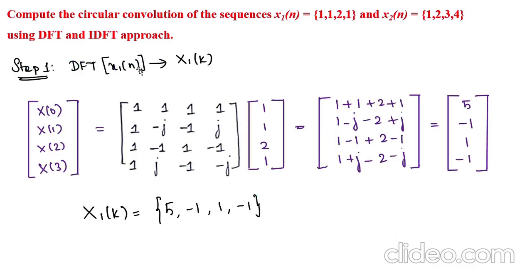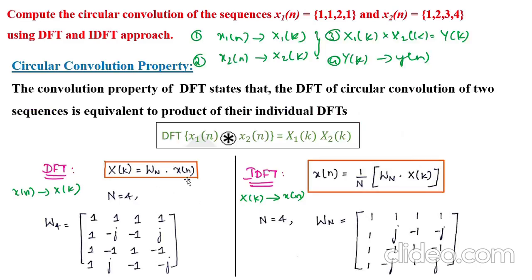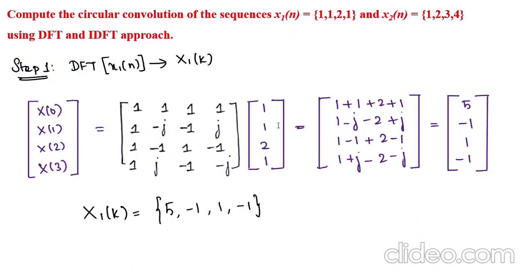Step 1. First we are going to convert this x1 of n to x1 of k using the DFT matrix method. The formula is the twiddle factor matrix multiplied by x of n in a column. Here x1 of n is 1, 1, 2, 1, and I have entered those values here. Now normal matrix multiplication. 1 into 1, 1 into 1, plus 1 into 2, plus 1 into 1.